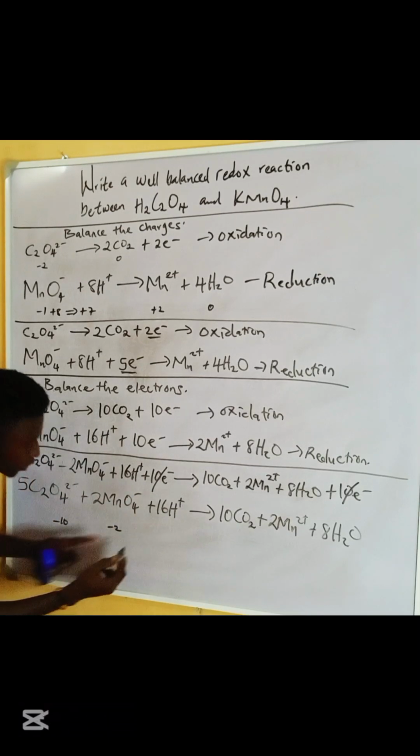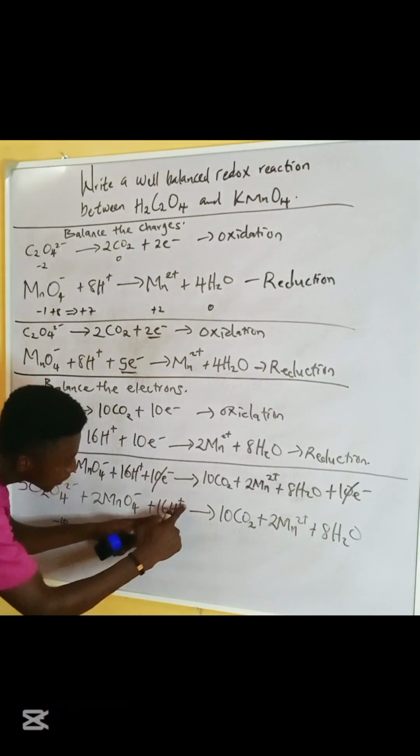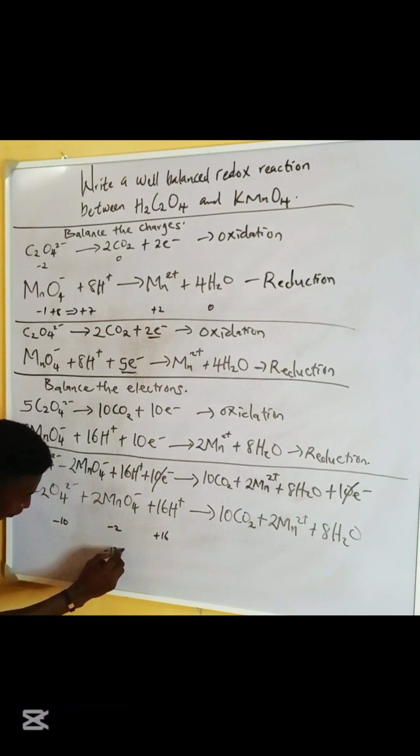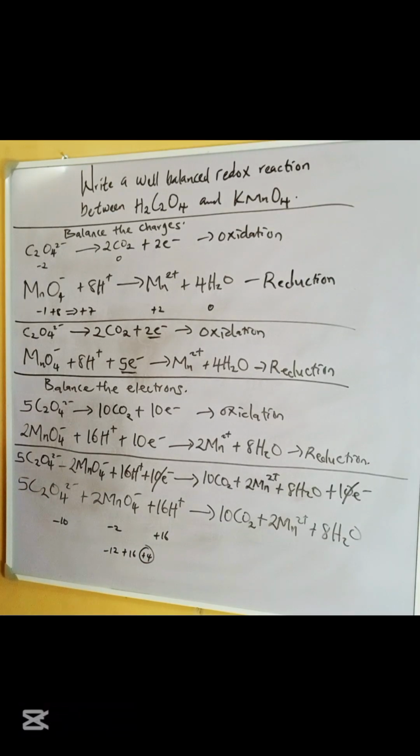How many do we have here? Plus 16 here. So if you add it together, minus 10 minus 2, that is minus 12. And minus 12 plus 16, that is plus 4. So plus 4 is my net charge for my reactant.